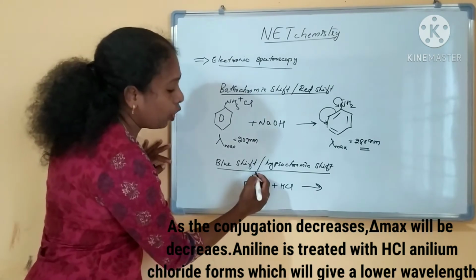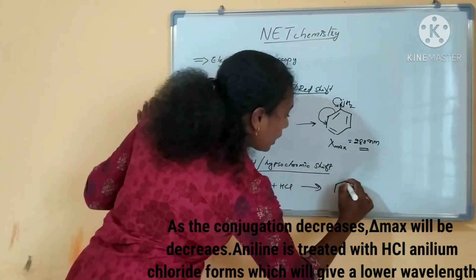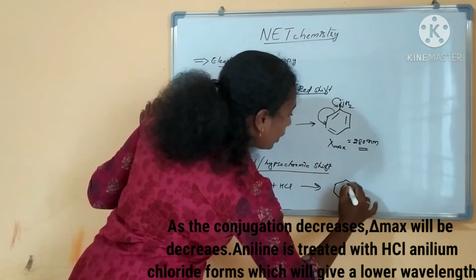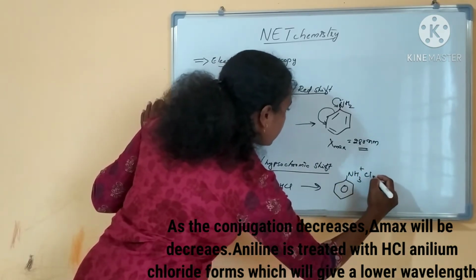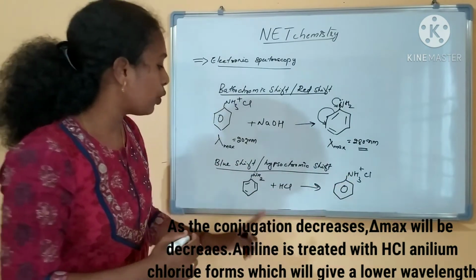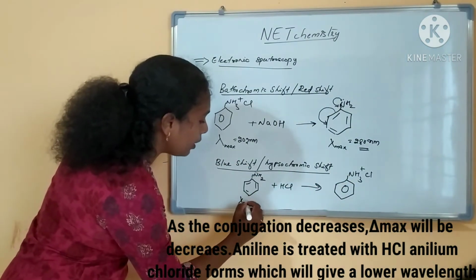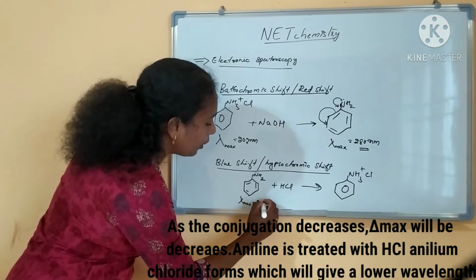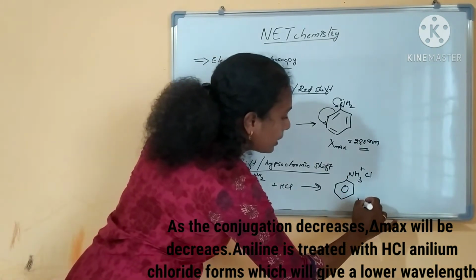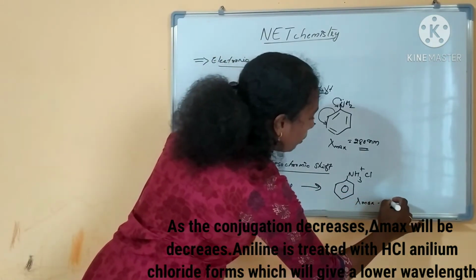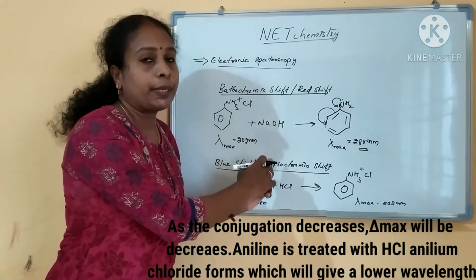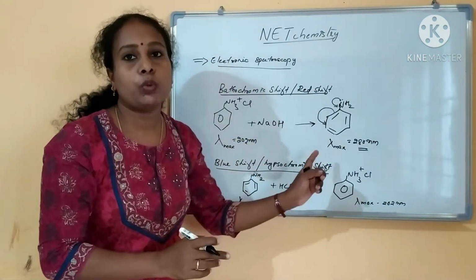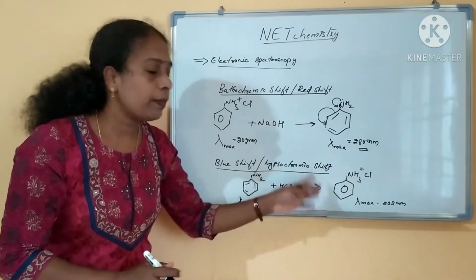The lone pair of electrons is used up, and it converts to anilium chloride, NH3 plus Cl minus. Here lambda max is 280 nanometer for aniline, and here lambda max is 202 nanometer for anilium chloride. This is what red shift and blue shift, or bathochromic shift and hypsochromic shift, mean in electronic spectroscopy.